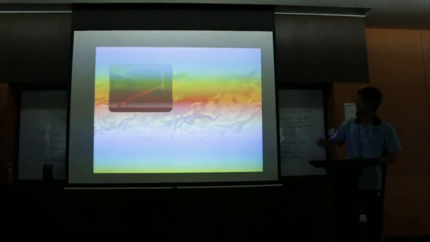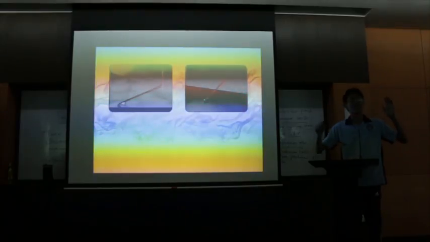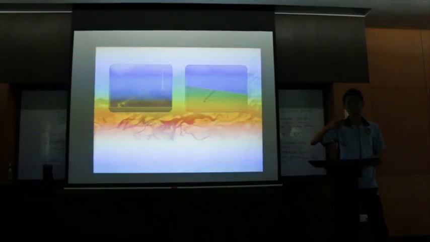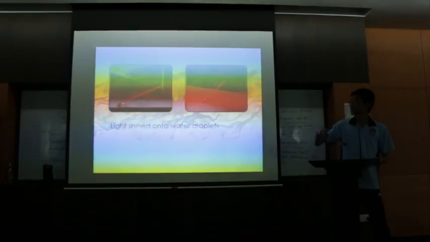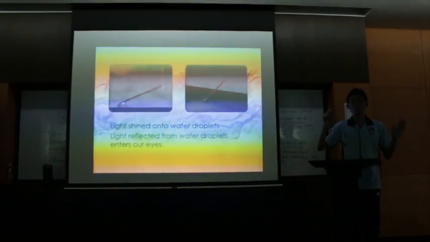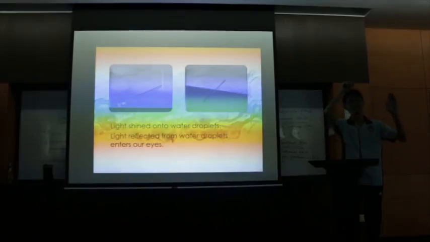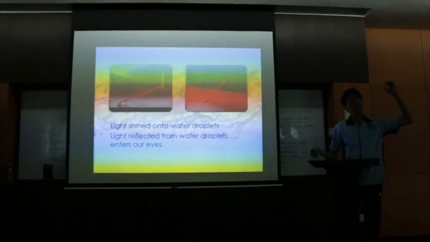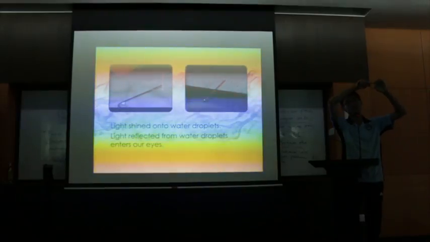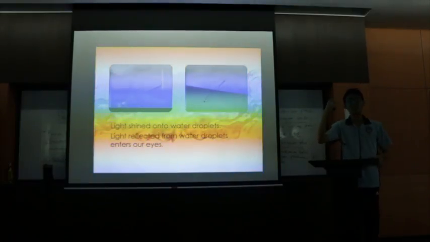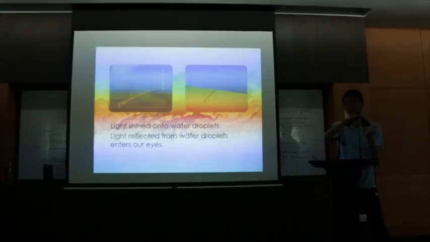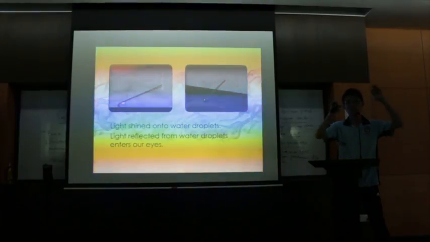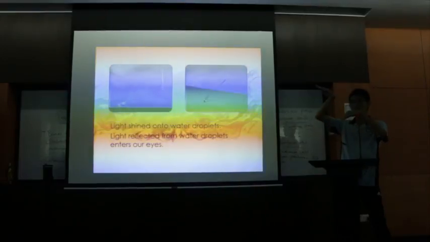Now, imagine there's a wall of raindrops, like a wall of water droplets. Light is shined into the raindrop. Raindrop A, light shines into it, and then it will be split into 7 colors, and the red light and violet light will spread.